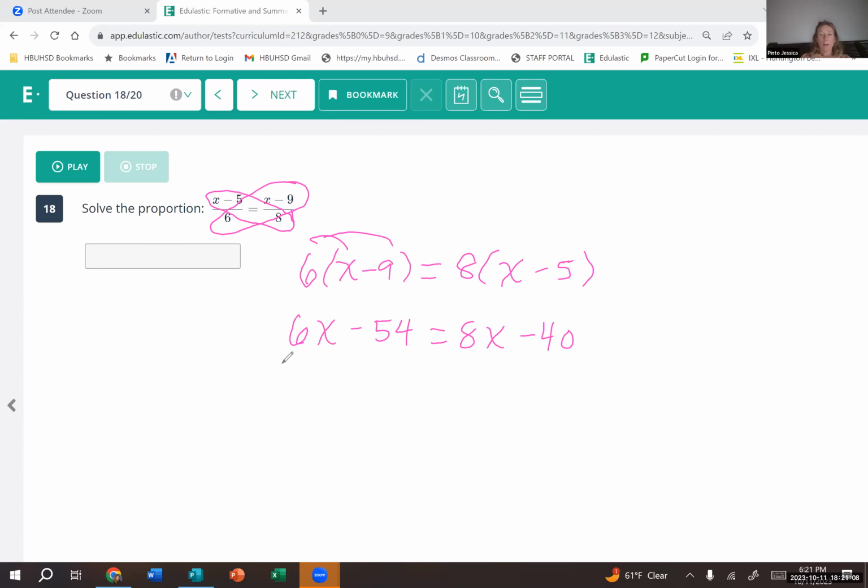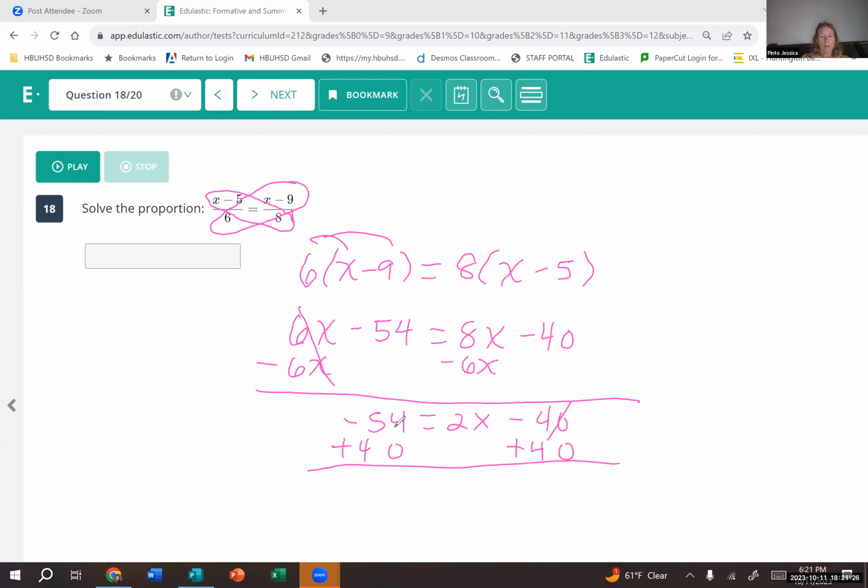All right, 8 is bigger, so I'm going to subtract 6x from both sides. Got negative 54 is equal to 2x minus 40. So now to isolate x, we're going to add 40. That's going to give me negative 14 is equal to 2x. So x is going to be equal to negative 7. Okay, cool.